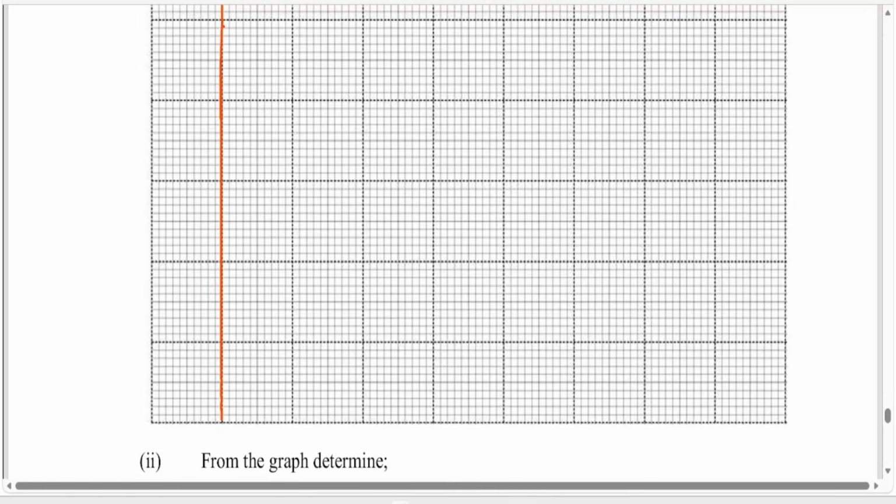Then on my x-axis, I'm going to have the time.